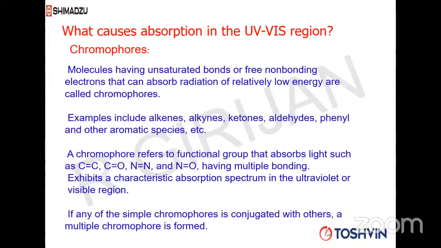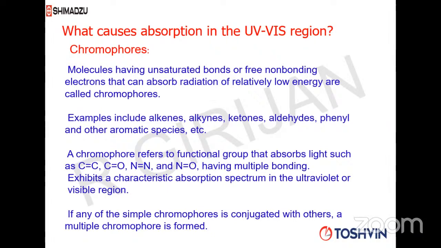We are stressing the words relatively low energy. If it goes to high energy, it will go below 190 nanometer and we will not be able to measure. When the wavelength is more, the energy is less, an inverse relation, we know that.